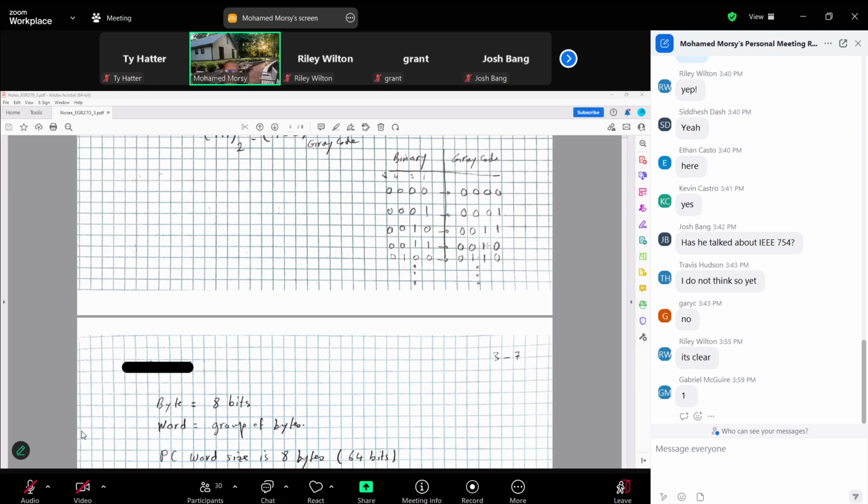For error detection, it's easier if you know that you have only one change or more than one change for the transition. Which is easier? 1 change, of course.